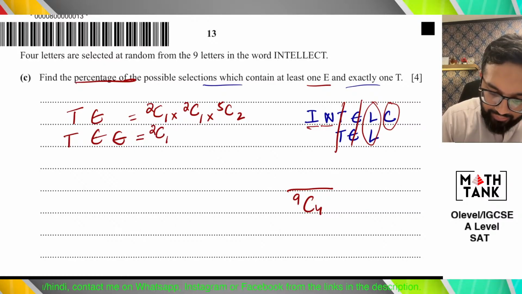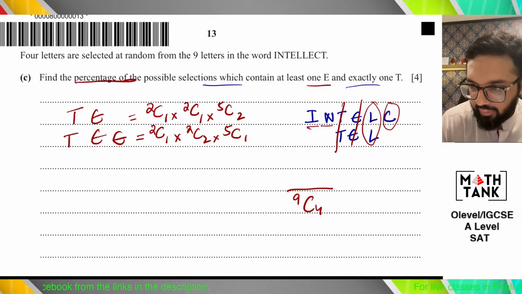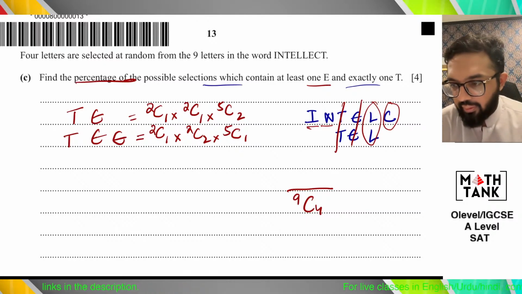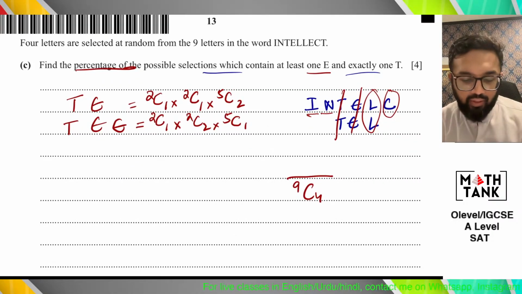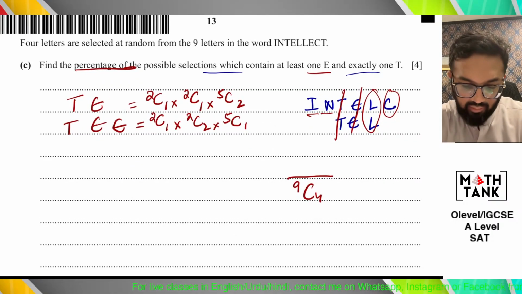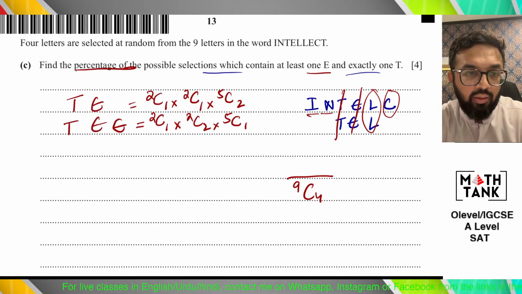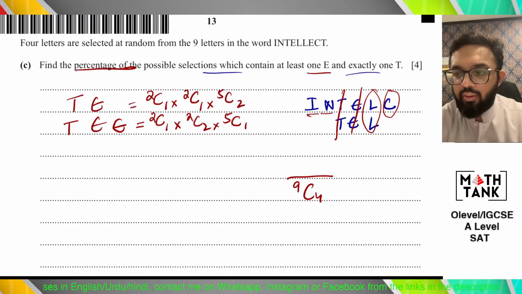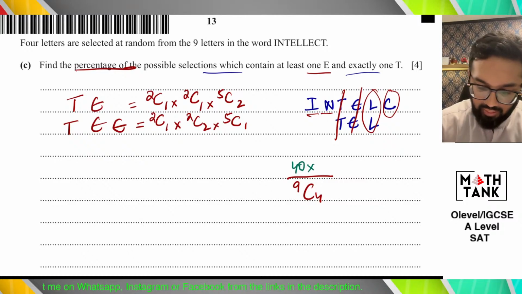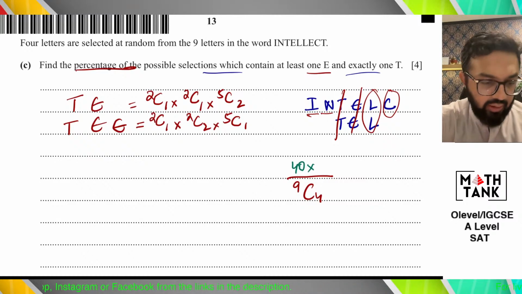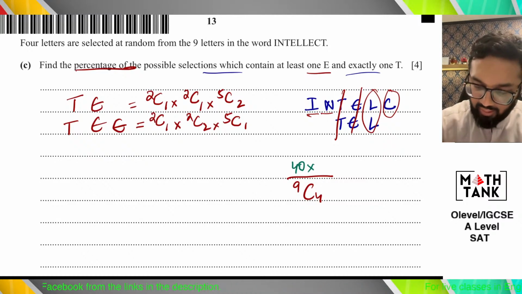So 2C1, 2C2, and 5C1. Okay. $40, and then 4 into 5, 70.